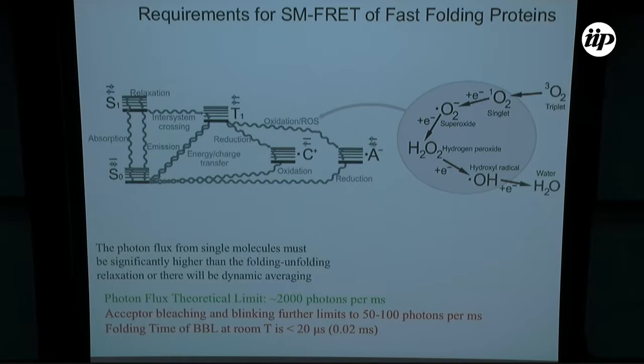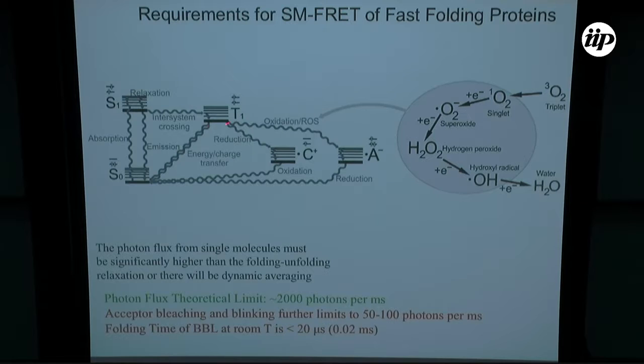A triplet doesn't have a lifetime of nanoseconds. It has a lifetime of microseconds, sometimes even milliseconds, which means every time that you go into here, your molecule is going to be off for a very long period of time. Let's say maybe 100 microseconds, so you don't see anything. Of course, this is a low probability event, but since you are exciting the molecule so many times, eventually it happens, right? So your odds are not good for that reason.